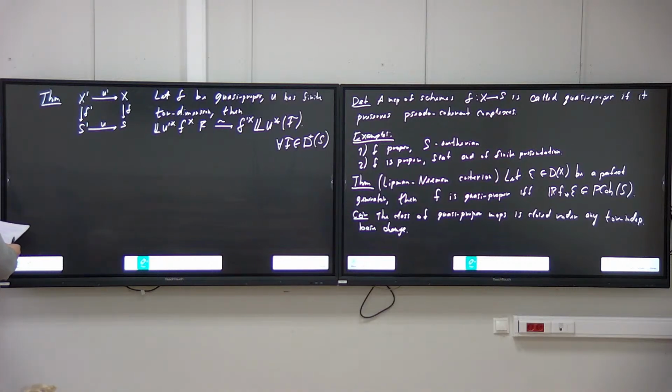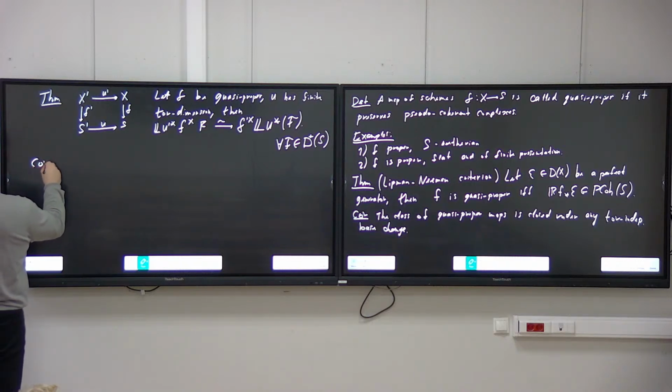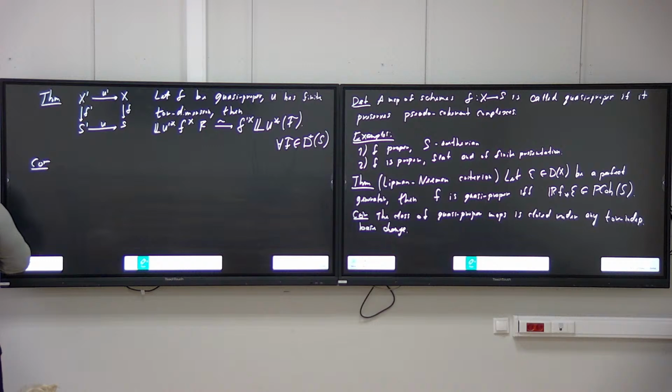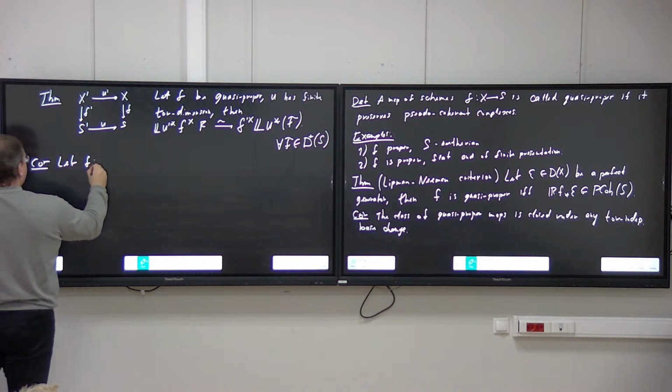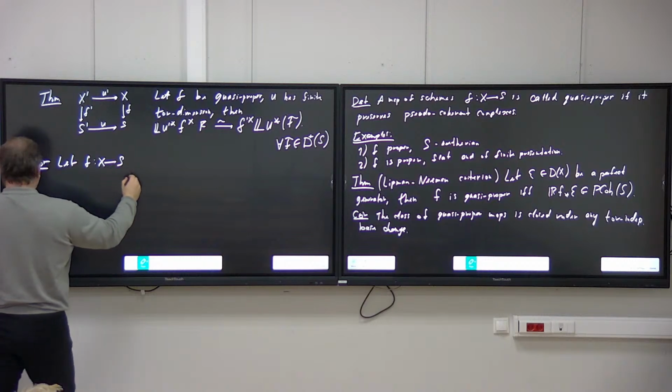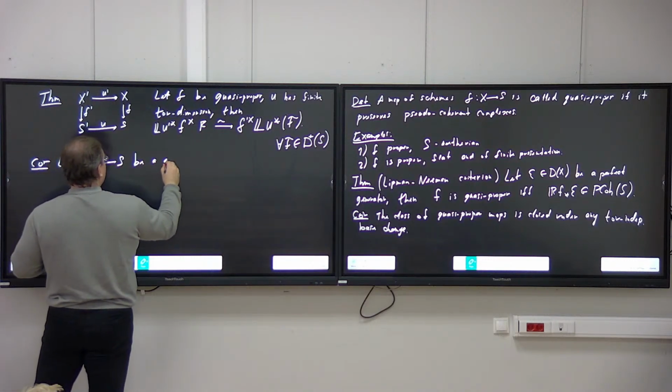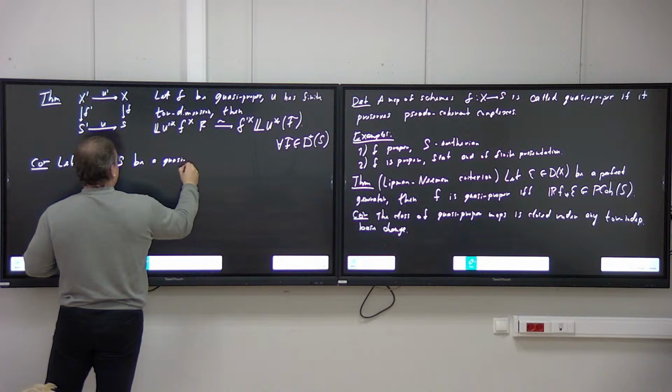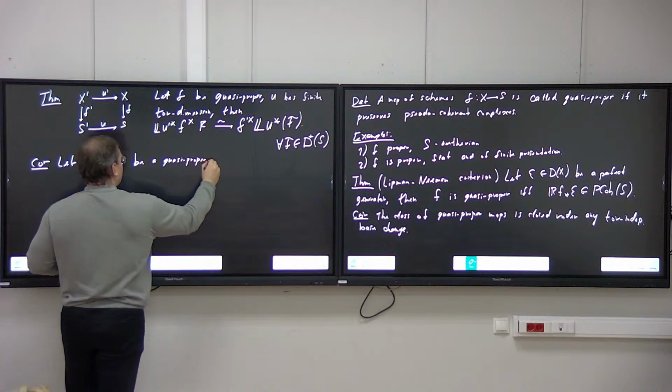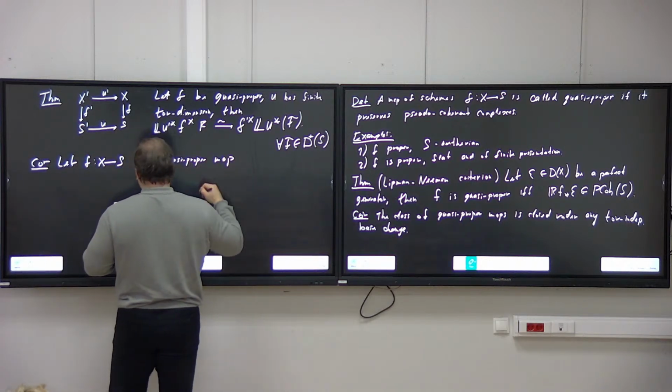Okay, so what I want to say is that from this theorem you can derive a corollary. It says the following: let f from X to S be a quasi-proper map of schemes.